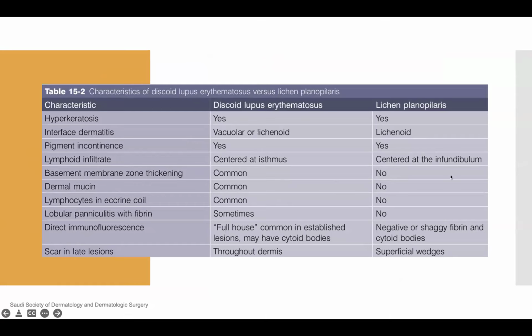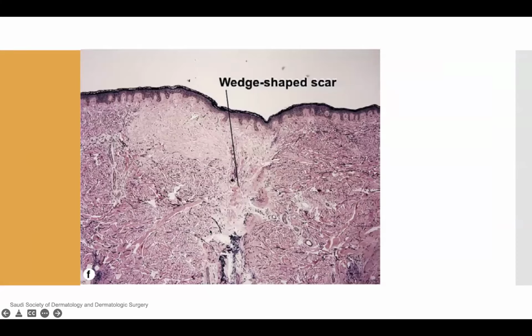In lichen planopilaris, it might be negative, or there is shaggy fibrin, IgM, and cytoid body formation. The scar in DLE extends throughout the dermis, and in lichen planopilaris it's superficial, and I will show you a picture now. That's the scar that can be found in lichen planopilaris. It's a wedge-shaped scar and very characteristic for lichen planopilaris, unlike DLE, where we can find the scar all over the dermis.